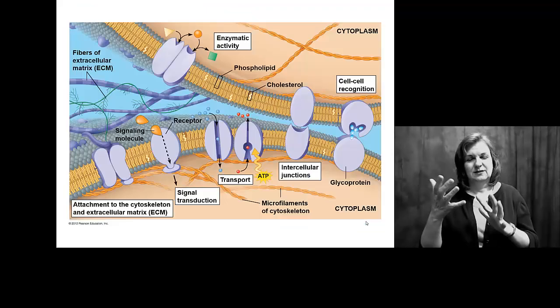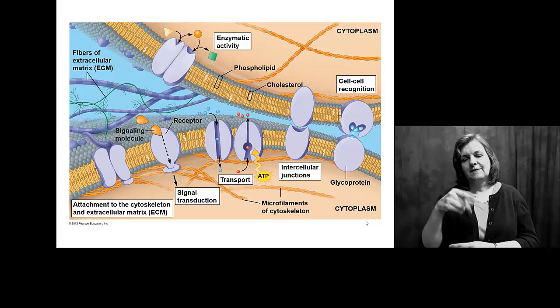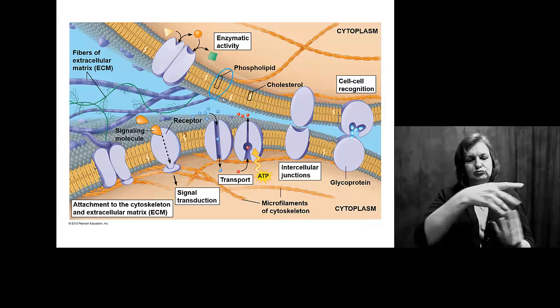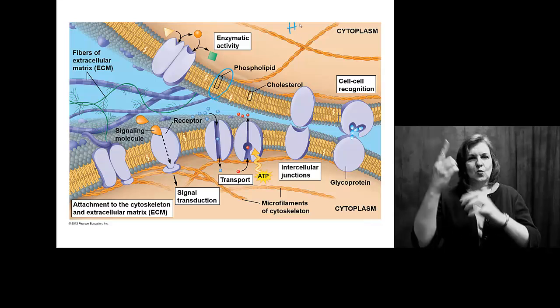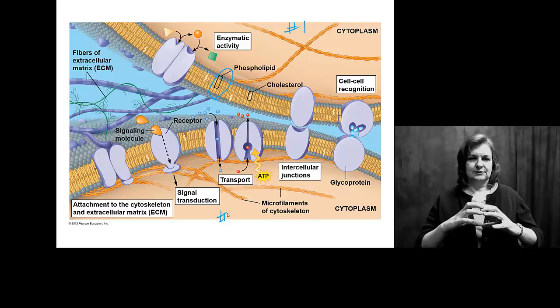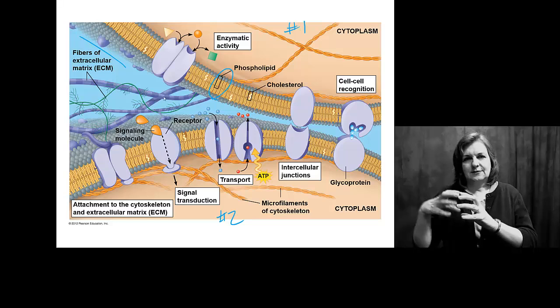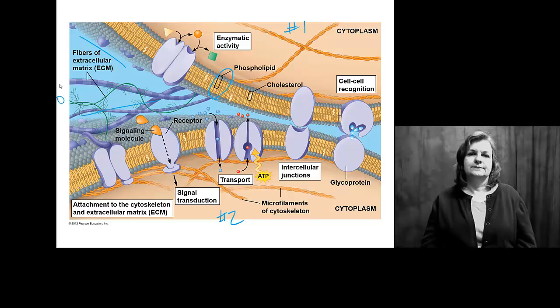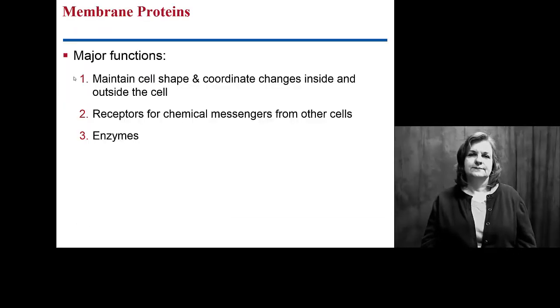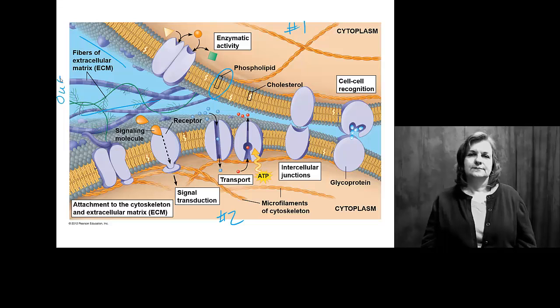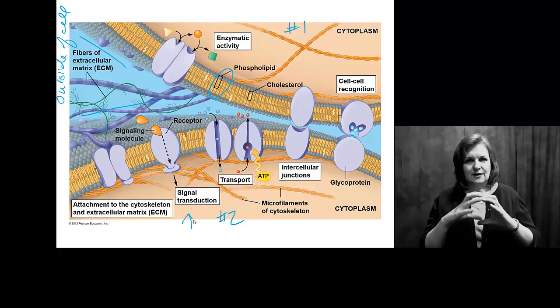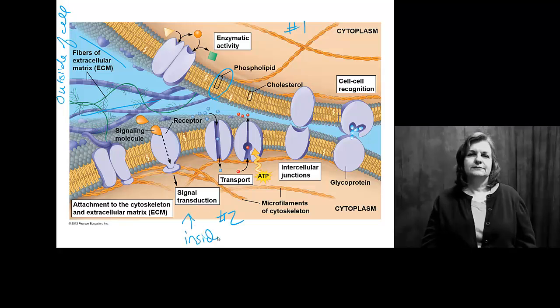This is kind of a mess, right? So you see the phospholipid bilayer. This is two cells, cell number 1 at the top, number 2 at the bottom, and then this space in between. So blue is always outside of the cell. And this kind of tan is inside the cell.